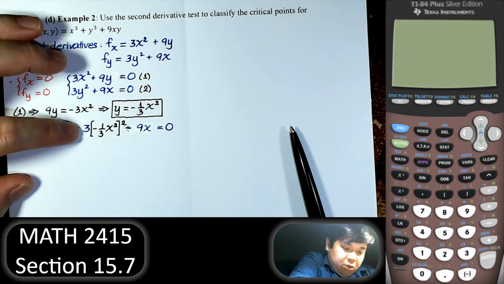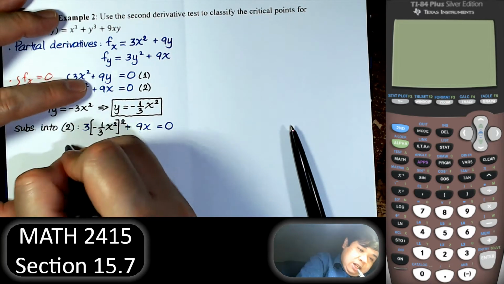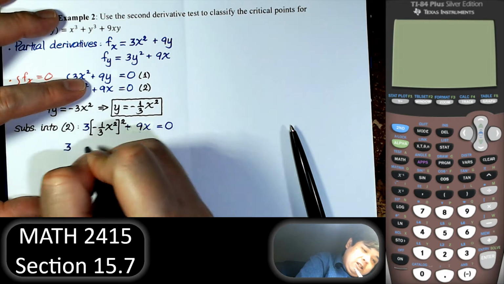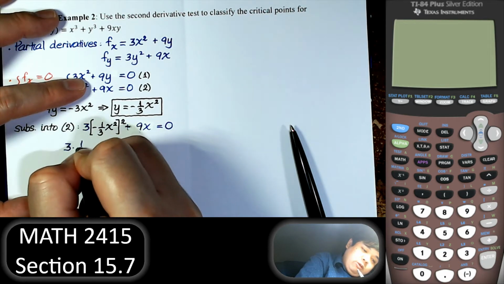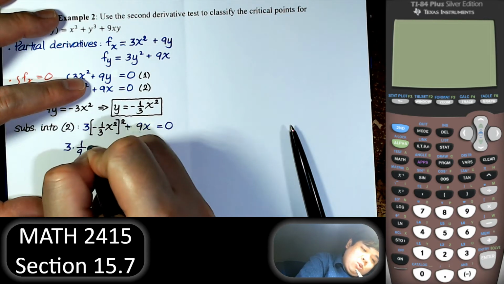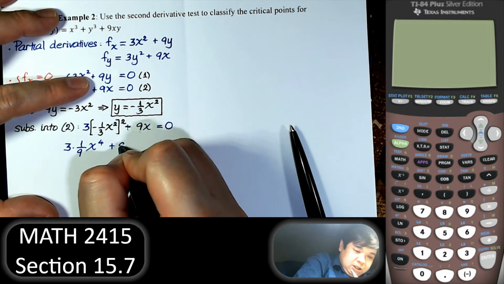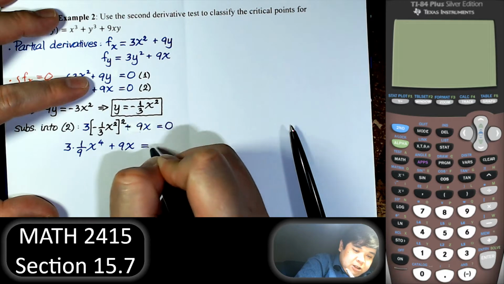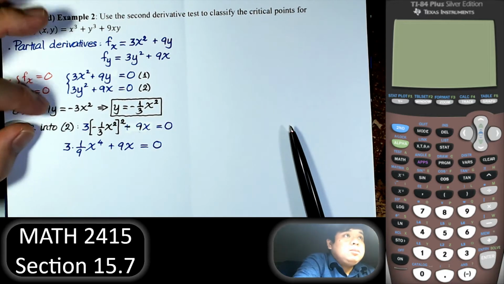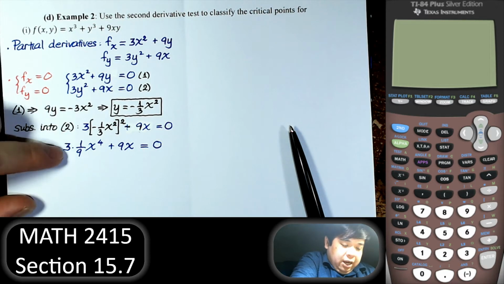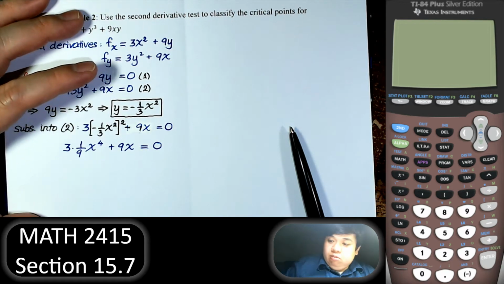Right, so multiply this out, we have 3 times 1 over 9 x squared squared, which is x to the 4th, plus 9x equal to 0.